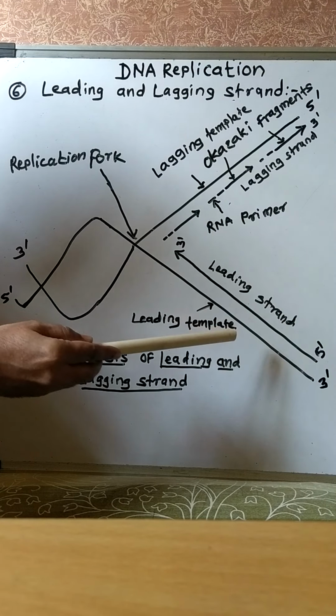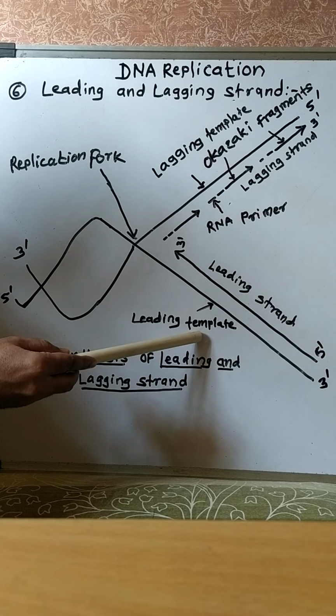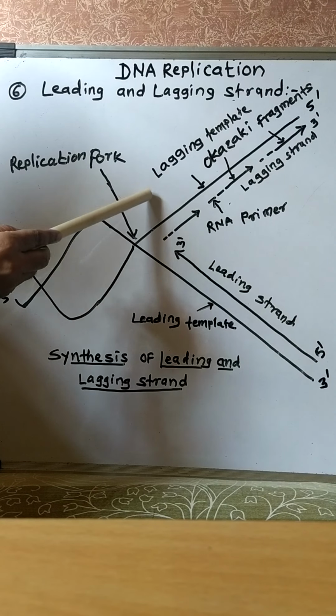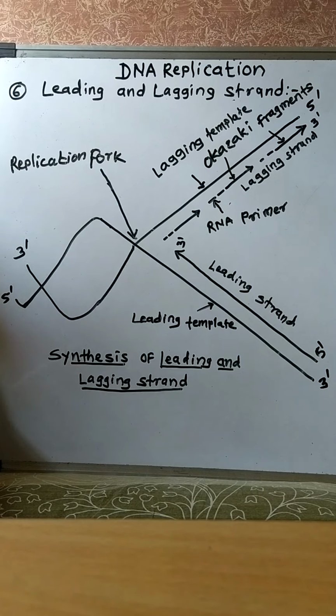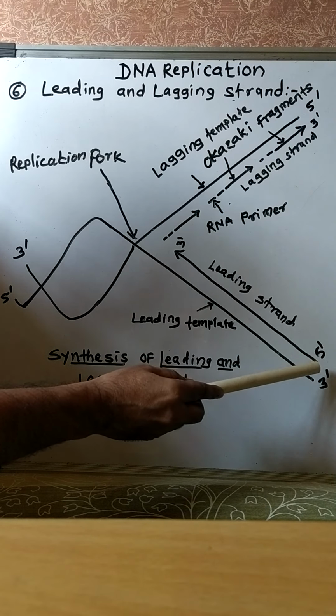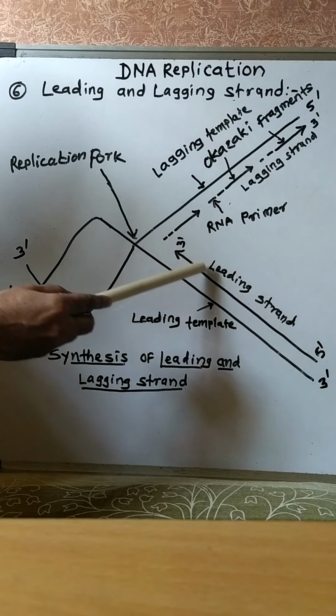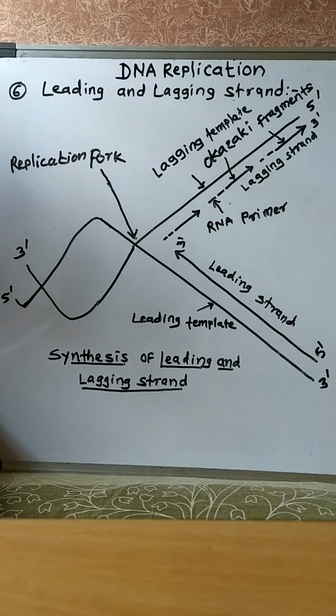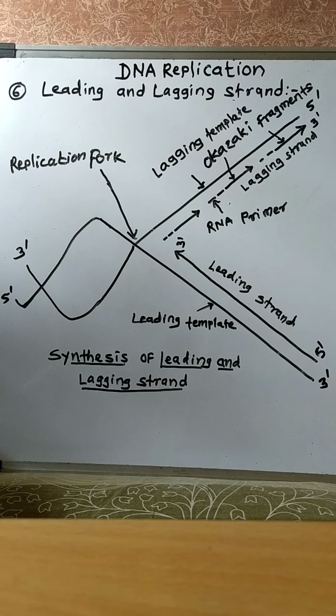So this Y-shape replicating fork has these two templates, leading as well as lagging template, and they act as a mold or template, and complementary new DNA is synthesized according to the leading and lagging template. Remember this. The replication process always starts at which end?